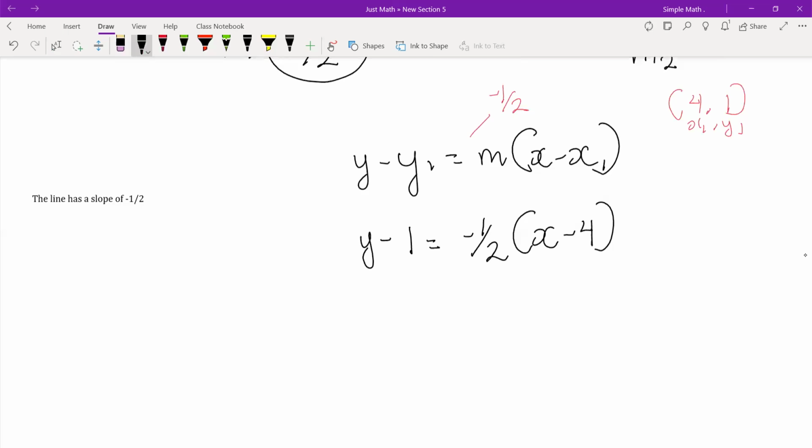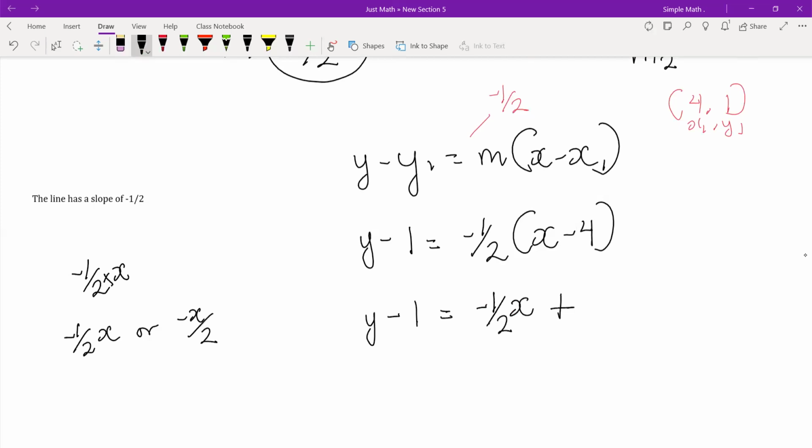Okay, so let's continue. We have y minus 1 equals, to open the bracket, negative half times x. You can just write negative half x or negative x over 2. It's the same thing, but let's go with negative half x because we want the slope to show. And then negative half times negative 4 becomes plus. 4 divided by 2 will be 2.